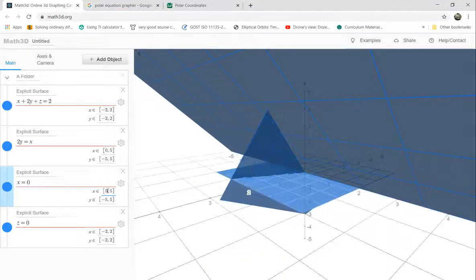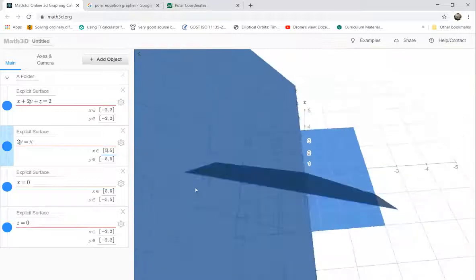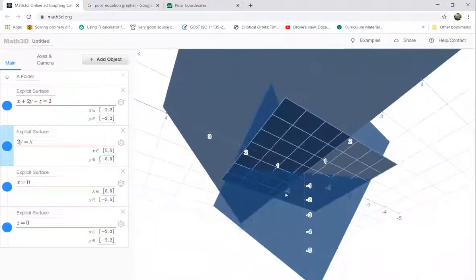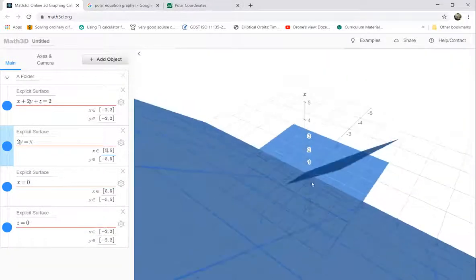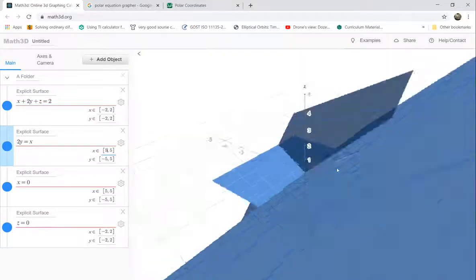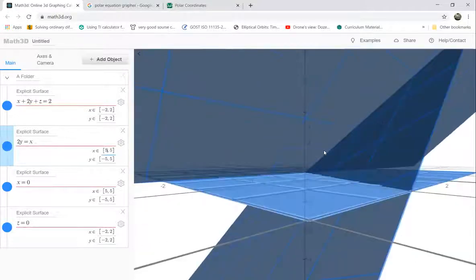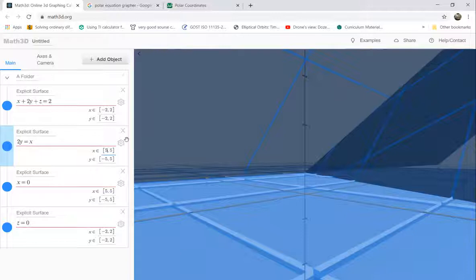Now let me just expand this so you can see a better visualization. Okay, perfect. Let me change the range.